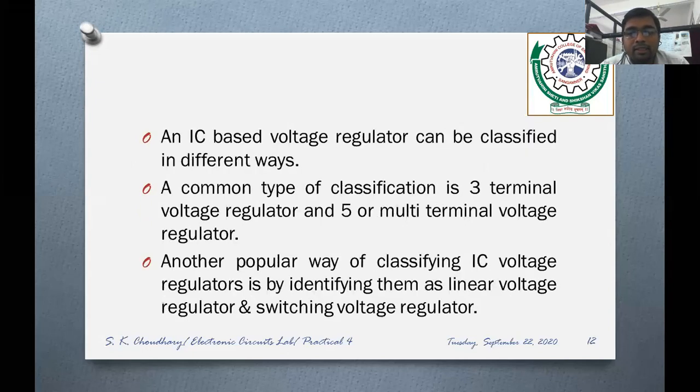So an IC voltage regulator can be classified in different ways. It could be classified terminal-wise: 3 terminal voltage regulators are available, 5 terminal voltage regulators are available, or multi-terminal IC voltage regulators are also available. Another way of classifying them is as linear regulators and switching voltage regulators.